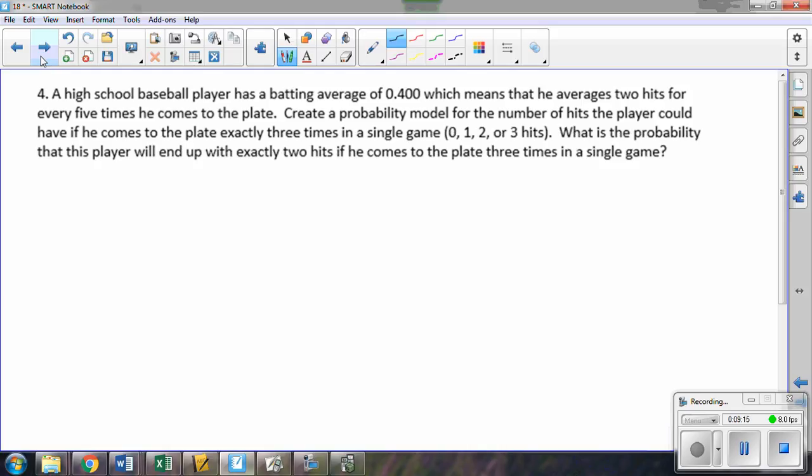All right, let's make sure we understand what we're being asked. We are specifically told, create a probability model. And we know a probability model will list all the different outcomes. So basically you just list your sample space like we did in question number 1. Well, we're actually told it, so we didn't have to figure that out. You can get 0 hits, you can get 1 hit, or 2 hits, or 3 hits.